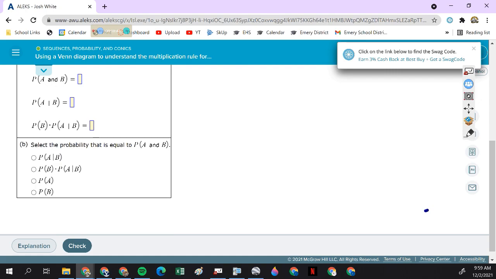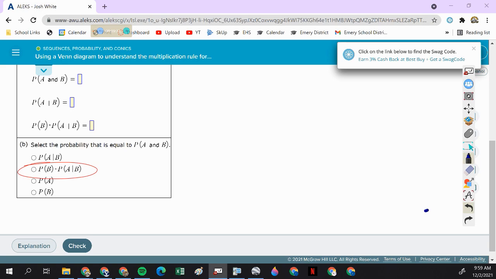Let me go back to here and explain that one more time. So this says we're picking 2 people. The first person is in the science club. The second person is in the science club. We want to know if they are in the chess club, if we know that they are also in the science club. The probability of A and B is going to be that question right there.